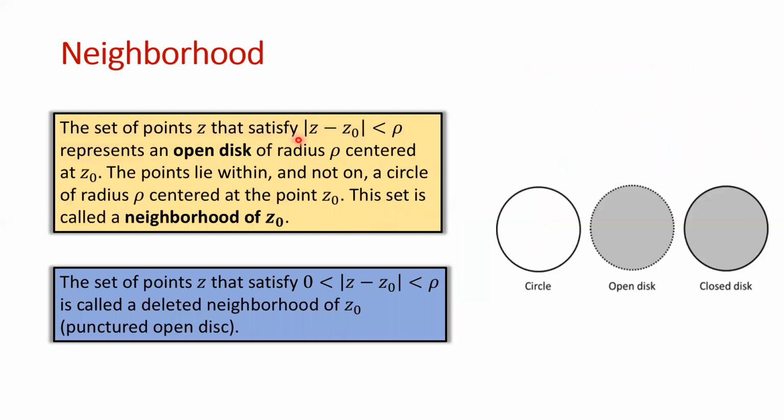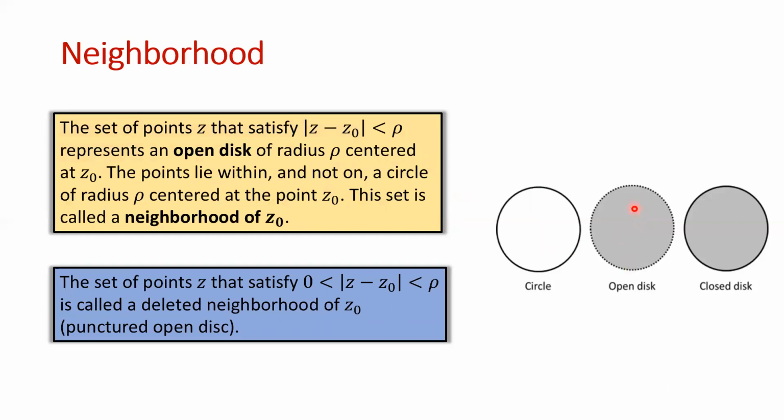And if you are just considering the less than sign, then that disk is called an open disk. That is, all those points whose distance from the center Z0 is less than rho, not equal to rho. We are not taking the equality sign over here. So that is called the open disk.